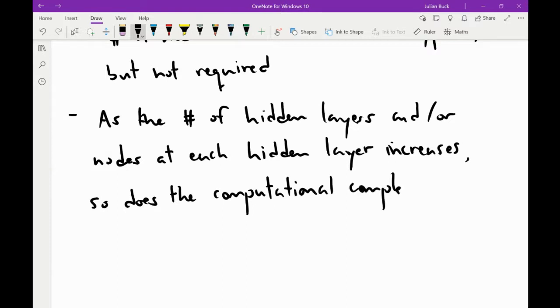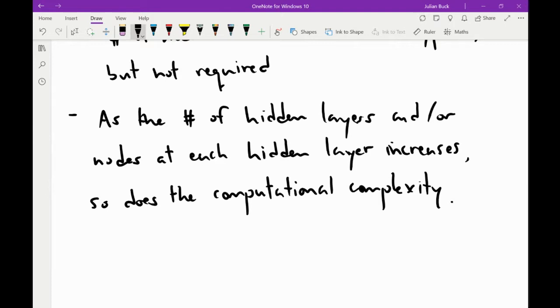And as we'll see when we discuss training and tuning, for deep neural networks, computational complexity explodes very quickly. And so this is always a big consideration. Runtime considerations for training and tuning deep neural networks are something that we really have to keep in mind.